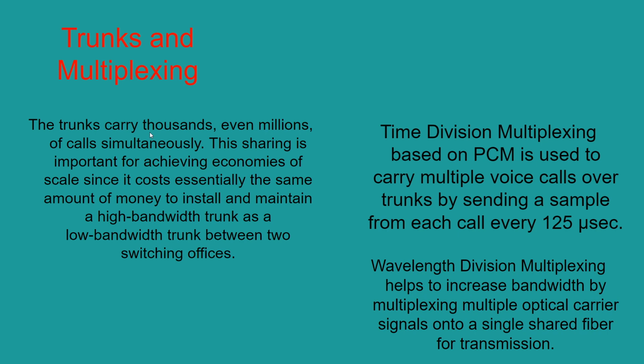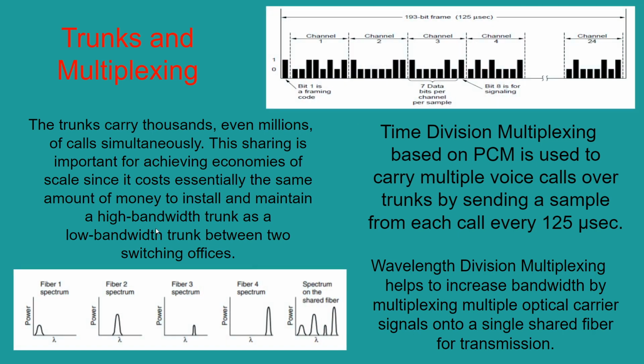Another type of multiplexing is wavelength division multiplexing, which helps to increase bandwidth by multiplexing multiple optical carrier signals onto a single shared fiber for transmission. And here you can see a few diagrams. For the wavelength division multiplexing, you see there are four different fiber spectrums.